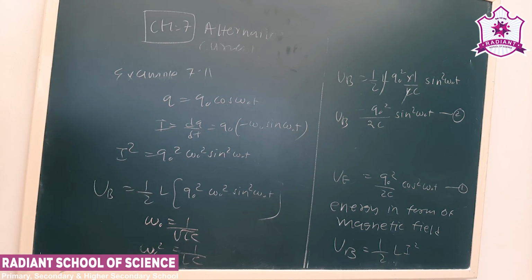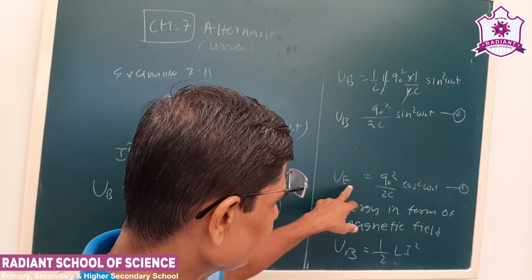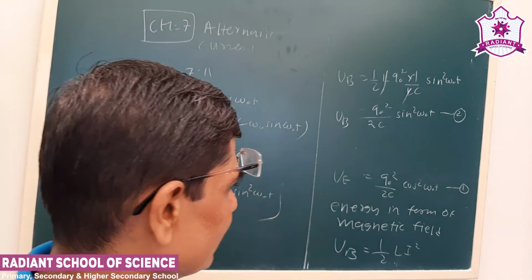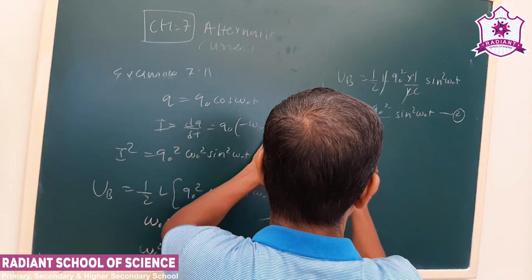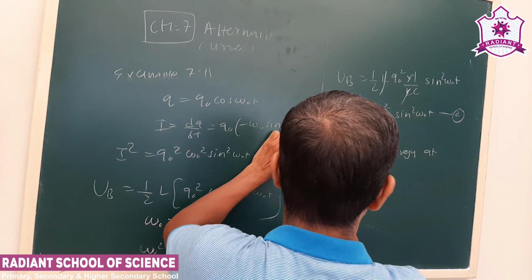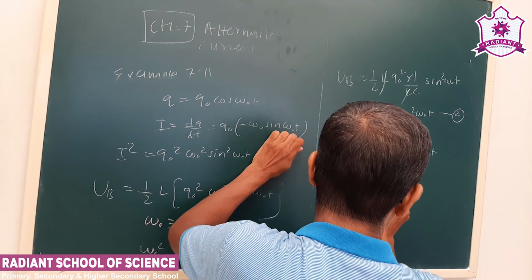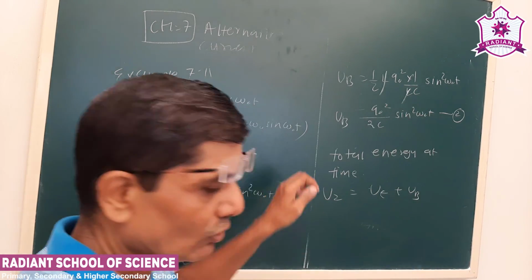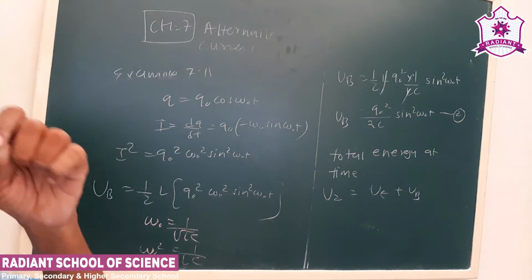Now the total energy at any time will be the sum of the energy of the electric field and the magnetic field. So the total energy at any time, U, is UE plus UB. See what we have done? We have calculated the energy in the form of the electric field, and also in the form of the magnetic field.